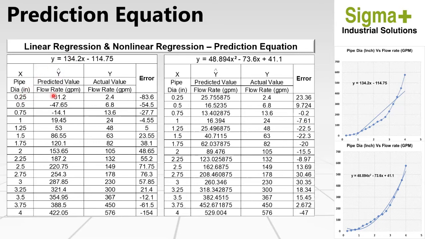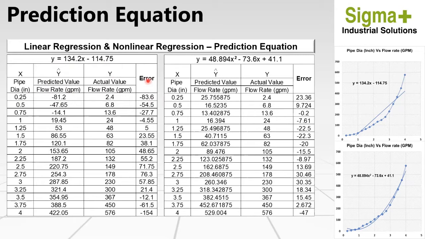For example, in the first row, you can see that if I just insert 0.25 multiplied by 134.2 minus 114.75, it would be minus 81.2, while the actual value was 2.4, which is an indication that I have an error of minus 83.6, which is the difference between the predicted value and the actual value.